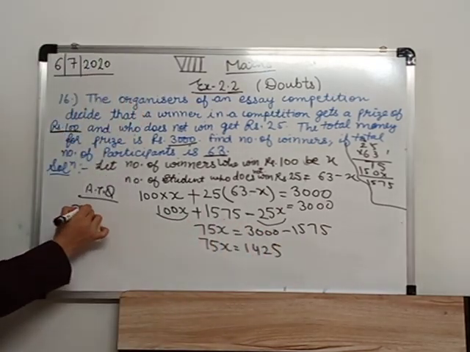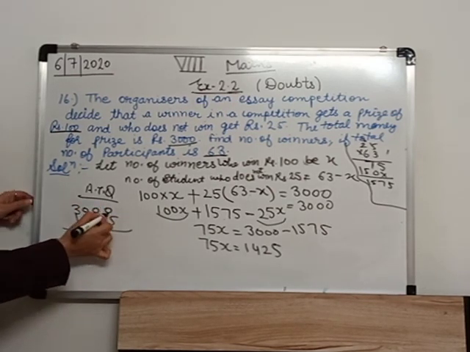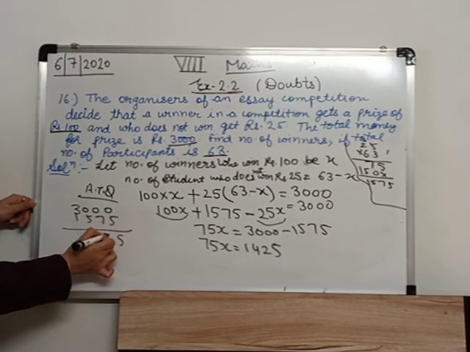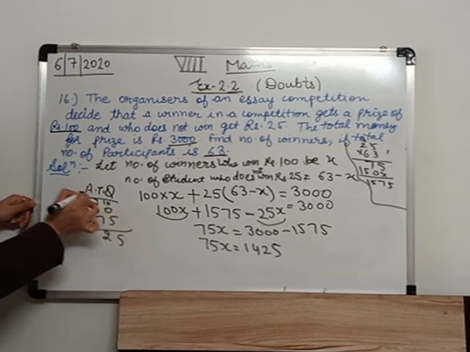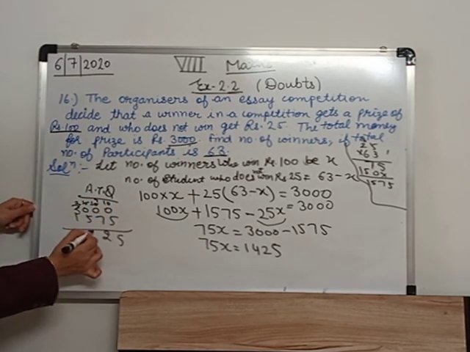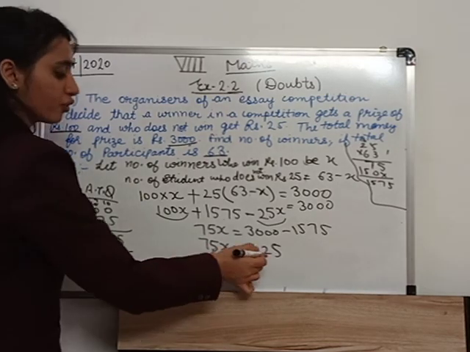Like this way, 3000 minus 1575: 10 minus 5 is 5, 9 minus 7 is 2, because of the carry, this becomes 10, 10 and then again 9, and this becomes 10. 9 minus 5 is 4, 2 minus 1 is 1, 1425.